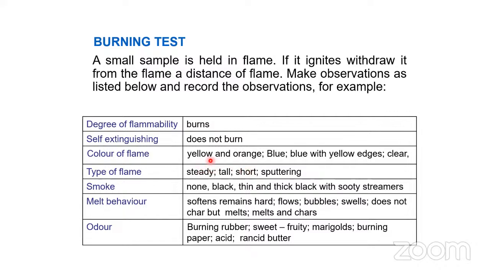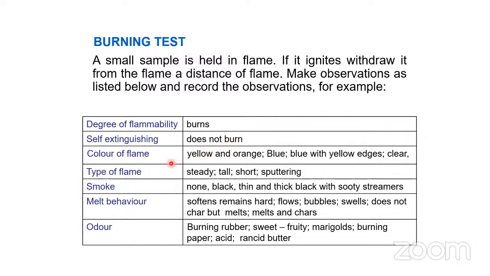So what kind of observations can you see? It may be self extinguishing. Self extinguishing means it starts to burn but the flame restricts itself. It does not keep burning.